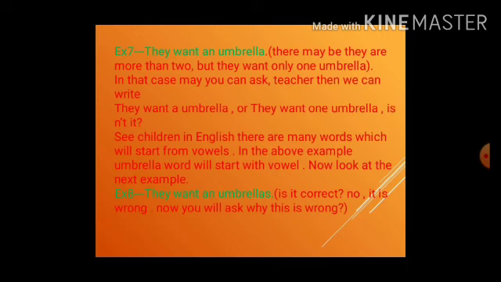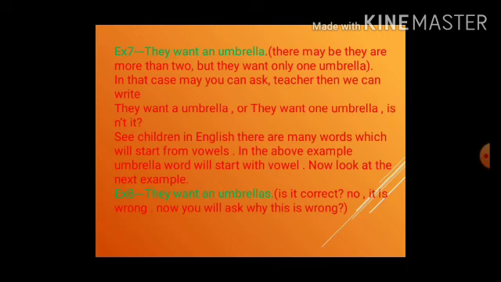Umbrellas means it is a plural word. What is plural? In the plural there are things which are two or more than two. So here also umbrellas means they are two or more than two. So that's why we should not use an umbrellas here.